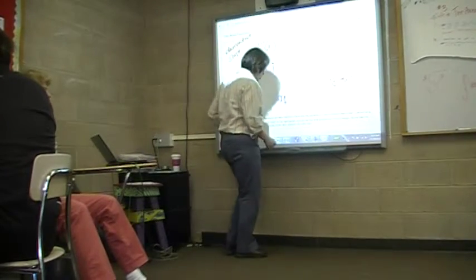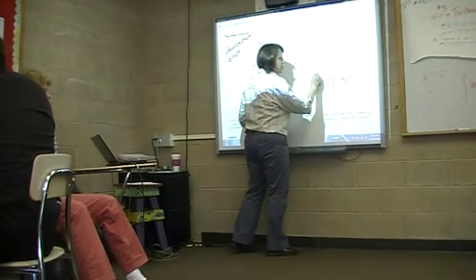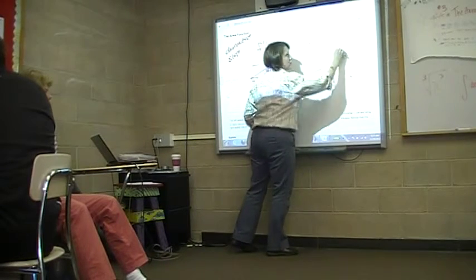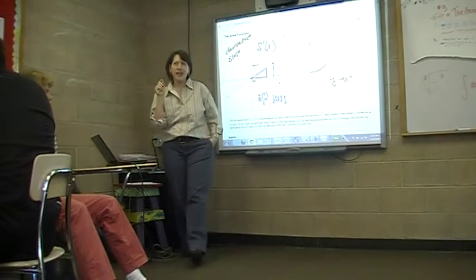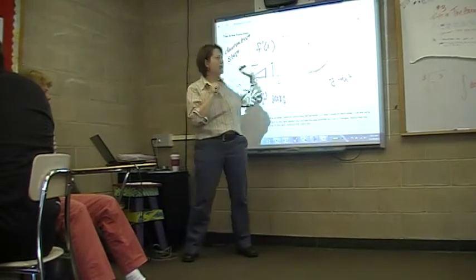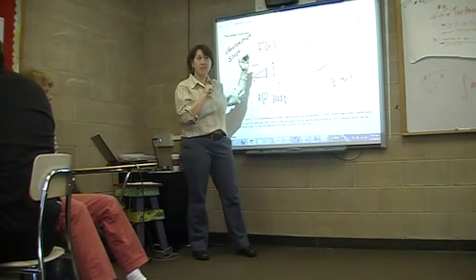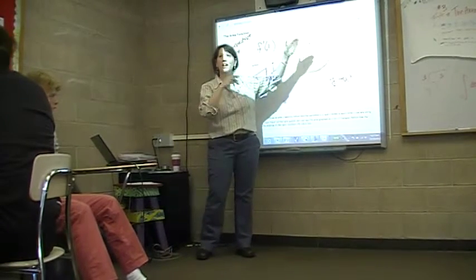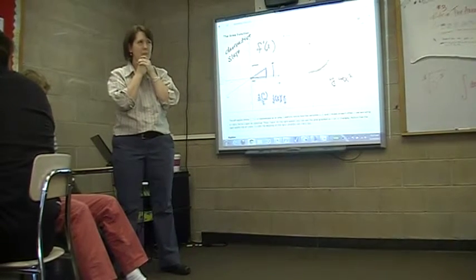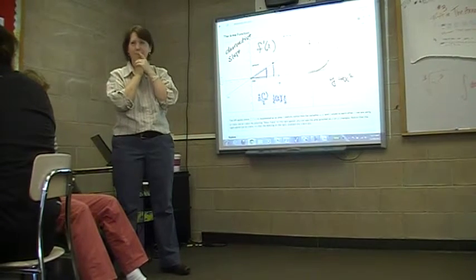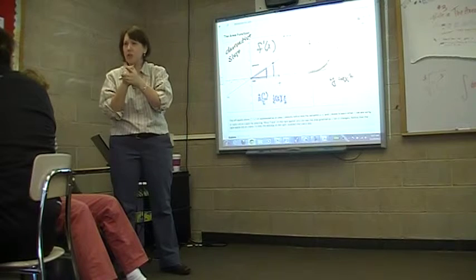You found the slope here, and here, and here, and then you plotted those points. And we said there was a connection between that function and its derivative graph. What was that connection? It was a degree less.